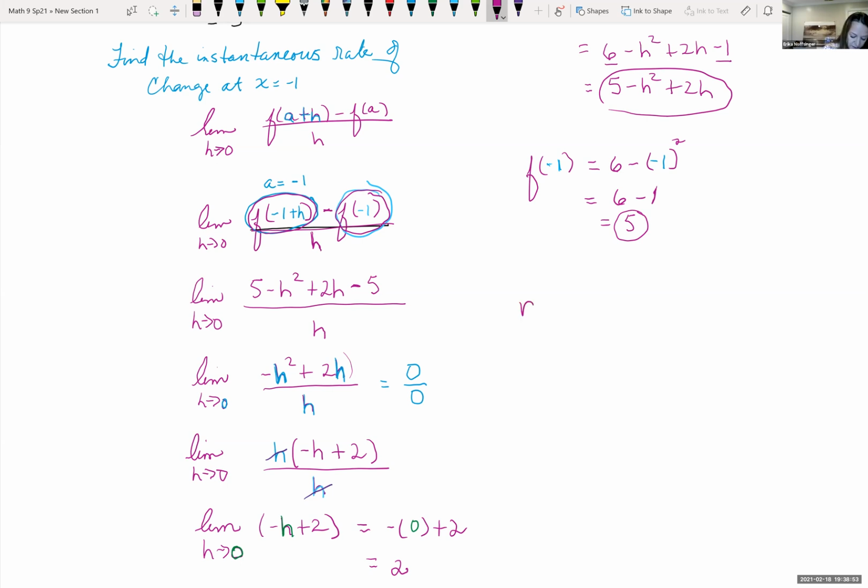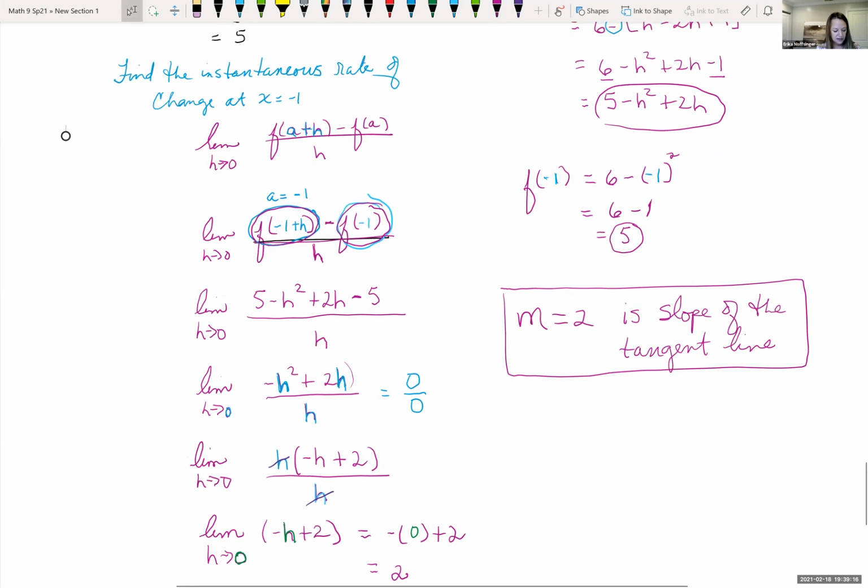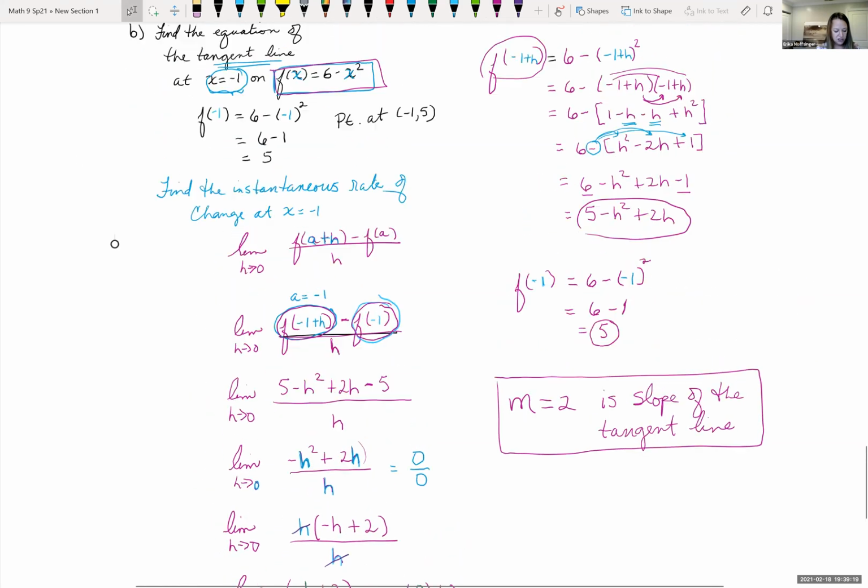So we have m equals 2 is the slope of the tangent line. And the question asked us to find the equation of the tangent line. So we need the slope of the line, which we have, and we need a point on the line in order to find the equation.